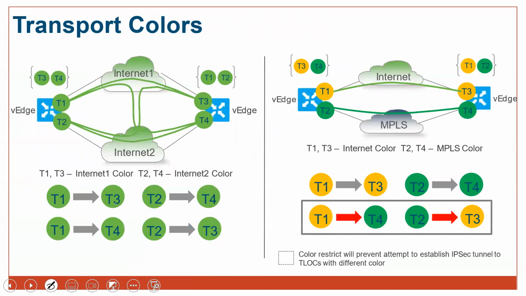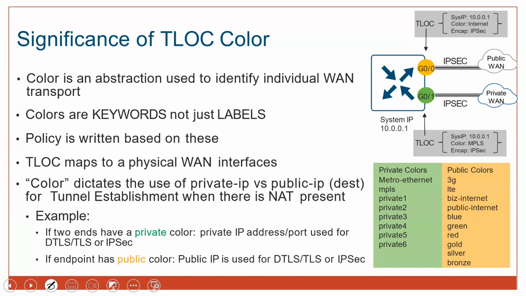Again, same thing here: if you are using the restrict keyword, they will not form cross-color tunnels. Again, some colors are private, some colors are public. Generally you can see the list of private and public colors, and we should pay attention to it while creating our tunnels.